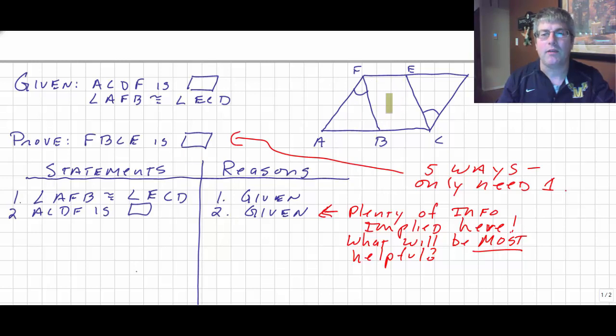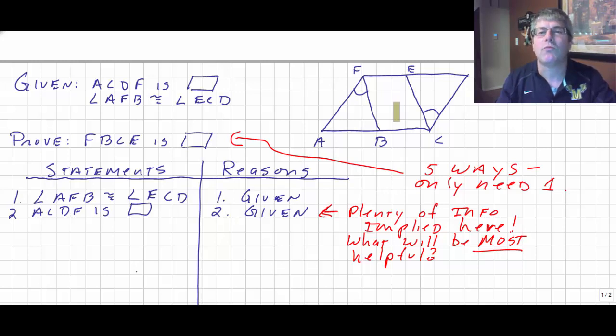Well, there's all sorts of ways, right? We can use the opposite angles, or we can draw in diagonals and see if we can get them to bisect each other. We could get one pair of opposite sides congruent and parallel, or we could try and get both pairs of opposite sides congruent, or both pairs of opposite sides parallel. So we've got a lot of choices here.